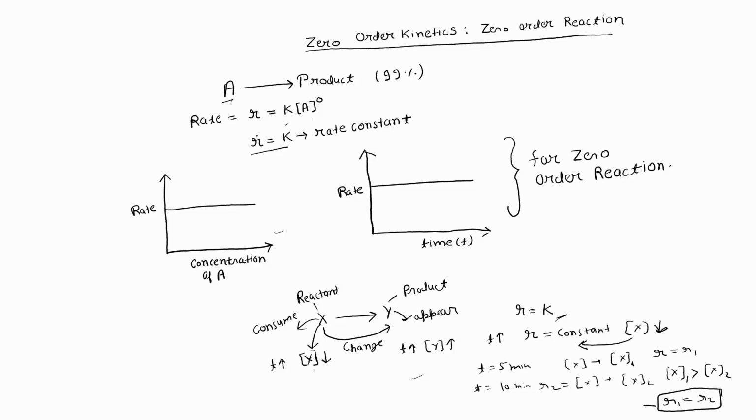But if we talk about the reaction, since A gives product, A will be consumed and gives product P or any product. So over a time period of the reaction, A will decrease and product will increase.